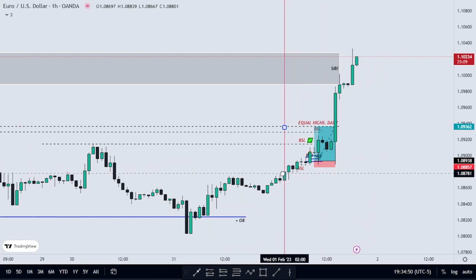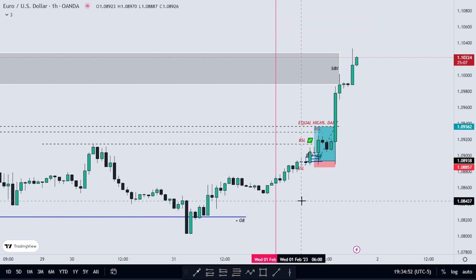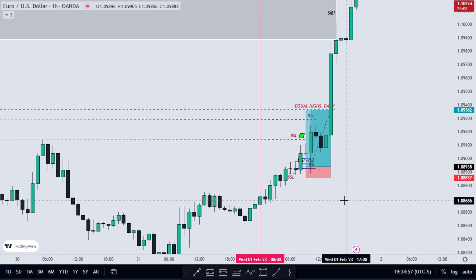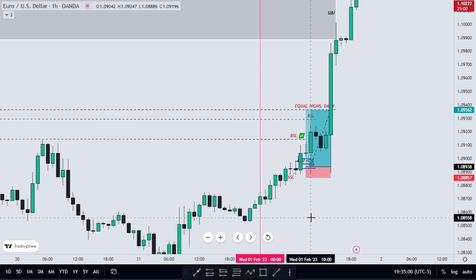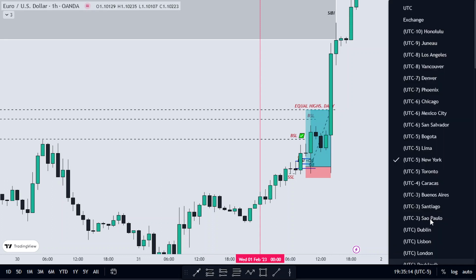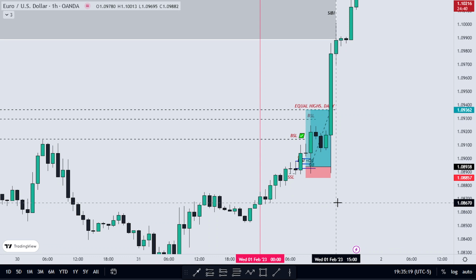1st February, right? Midnight open 12 right here. So I wanted to see some more price action. So I didn't take any entries during the landing kill zone, which is from 2 a.m. to 5 a.m. And for it to be easier for you in setting your kill zones, your time zone should be set to UTC -5, New York, so that you can easily know your New York time without spending any effort in converting to your local time.